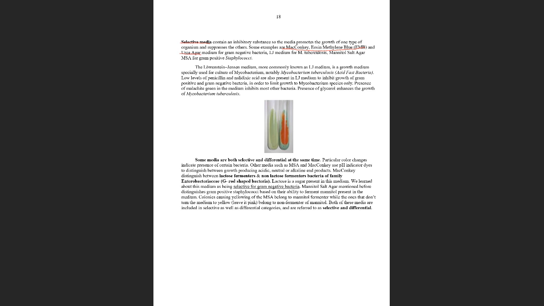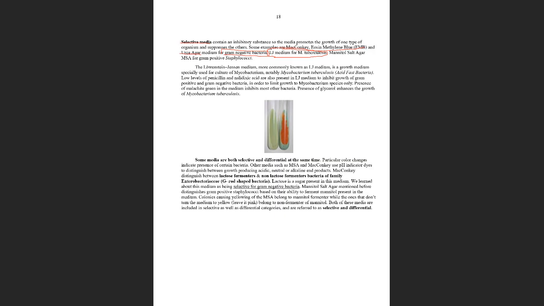These are some for gram-negative bacteria. There is a selective medium for tuberculosis bacteria. It's called LJ. LJ stands for a full name, I'll show you, it's in the picture next.